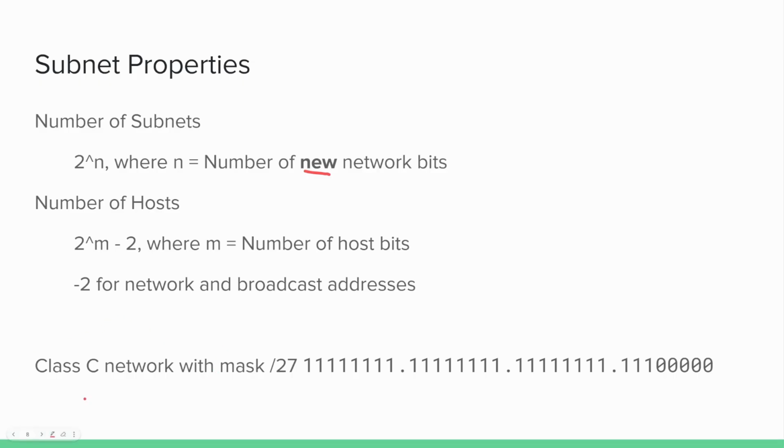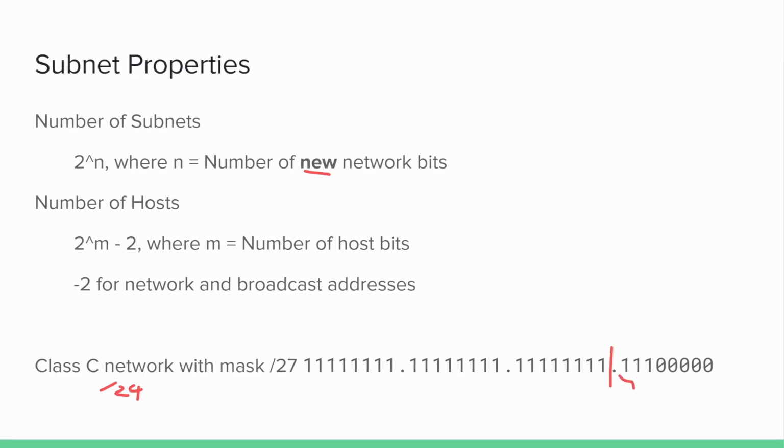Well, let's take a look at this example on the bottom here. We have a class C network, which means we have an original subnet mask of /24. That means that our original subnet mask would have ended here, right? I'll draw a line there. But now we're applying the subnet mask of /27, which means at the end, we turn 3 of these zeros into 1. So 24 plus 3 is 27, right?